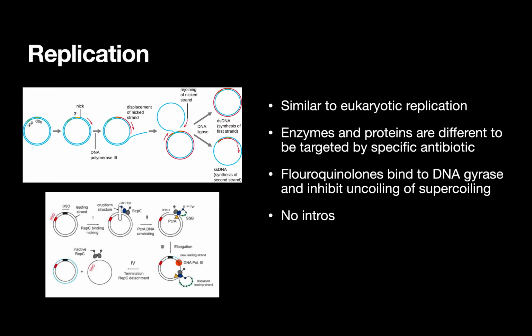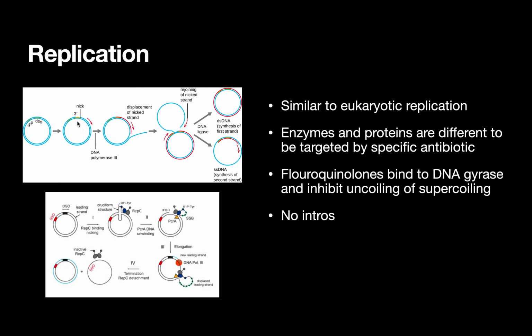So replication is basically the same as eukaryotic DNA in some respects. The major difference is that the enzymes and the proteins are different. So those are going to be targeted by specific antibiotics, such as fluoroquinolones, and those bind to the DNA gyrase, and those inhibit the uncoiling or supercoiling.